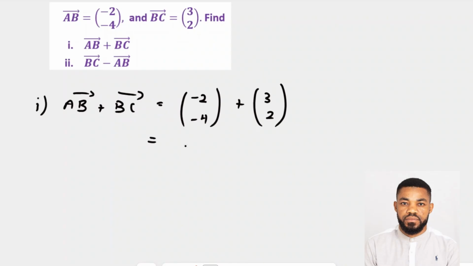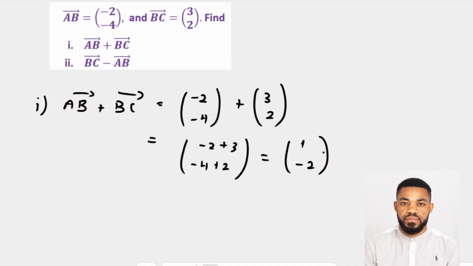We have to add corresponding components. So we're going to get -2 plus 3. We come to the y component: -4 plus 2. -2 plus 3 is going to give me 1. And then -4 plus 2 will give me -2. So these are basic arithmetic that you have to know.